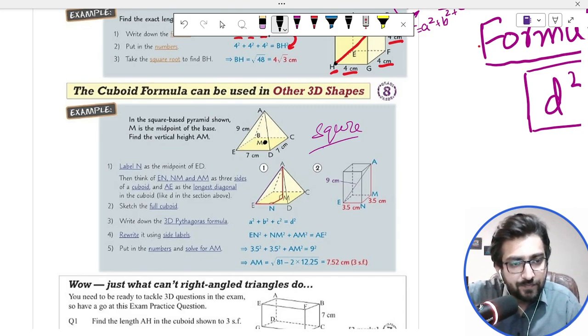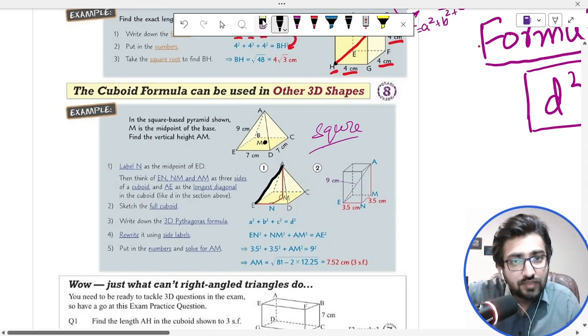Again, we will apply the three-dimensional Pythagoras theorem in order to find that side. Since this is a three-dimensional shape, we cannot assume this is a diagonal. Diagonal is in a cube or cuboid.